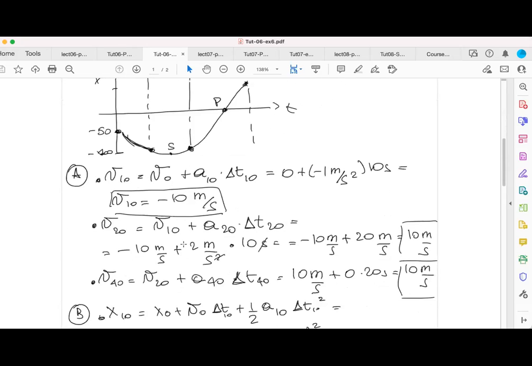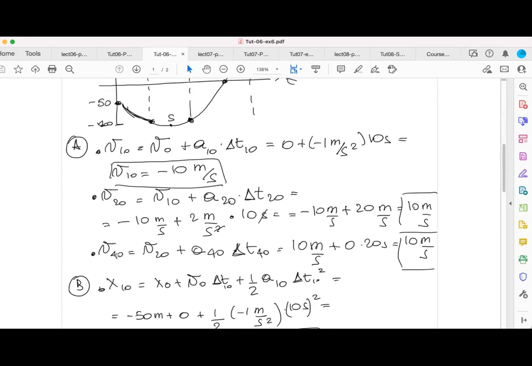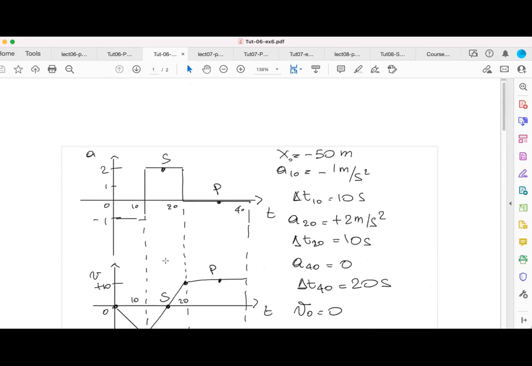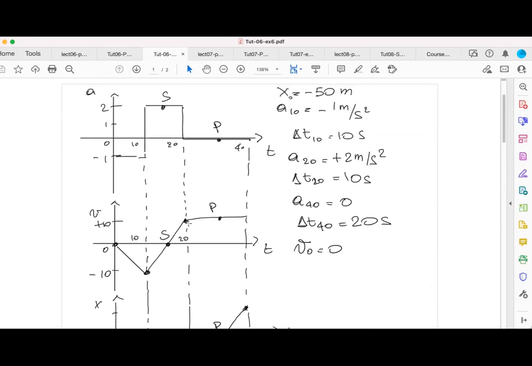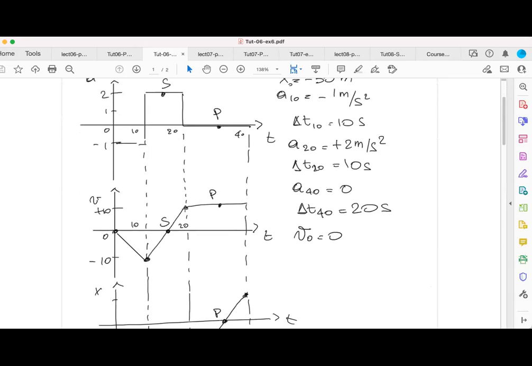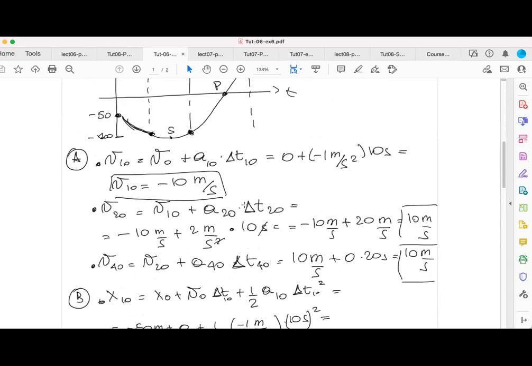Then the problem is asking to calculate the velocity at 40. So the velocity at 40 seconds, again, we need to start from the initial velocity, and this time the initial velocity will be this one. So we are trying to figure out how the velocity will look here. This we know is plus 10 meters per second, and we need to know how it ends here.